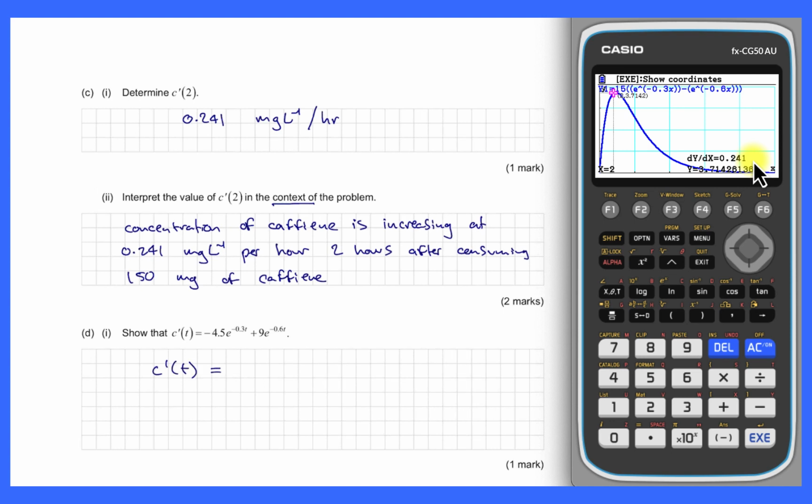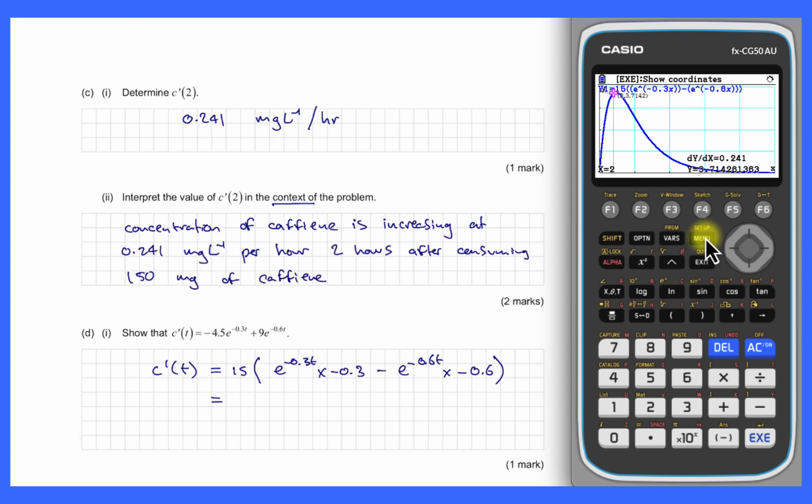In this case, it's going to be 15 multiplied by the derivative of e to the f of x, so that's e to the f of x times f dash, which will be negative 0.3, and then the next term was negative, and this one is e to the negative 0.6t multiplied by negative 0.6.